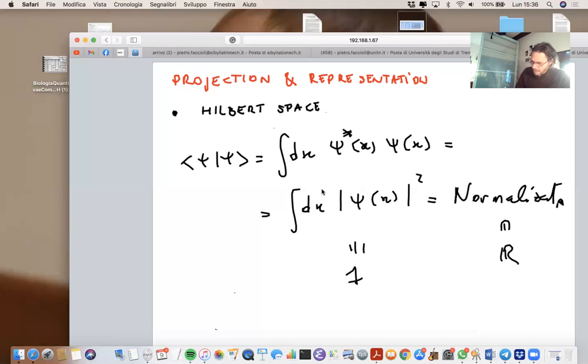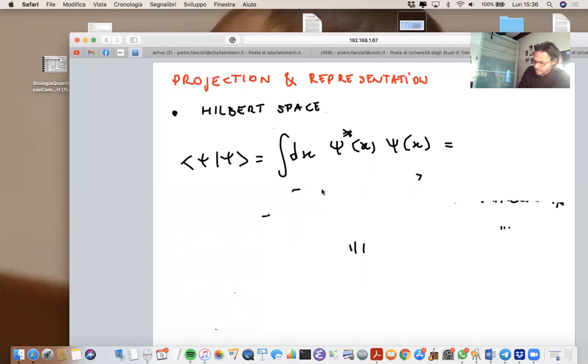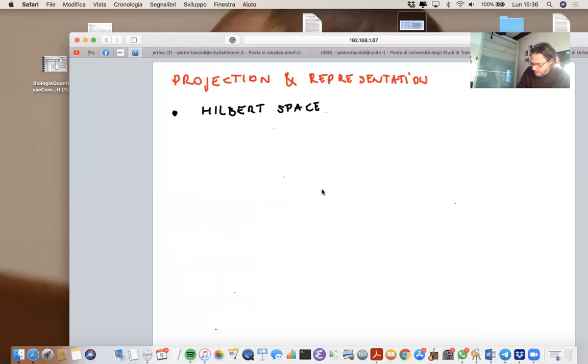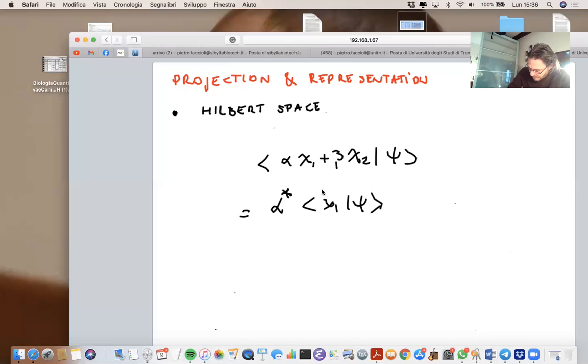So in other words, let me remind what bilinearity means for vector spaces once again. I'm repeating here, but if I say alpha chi1 plus beta chi2, psi, this is alpha star chi1 psi plus beta star chi2 psi, where star is complex conjugate.